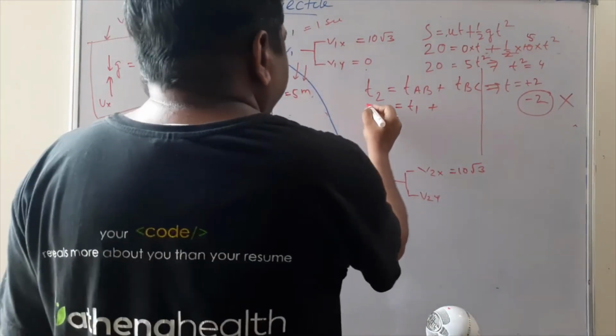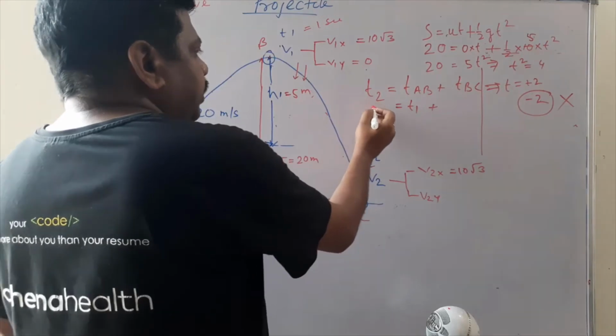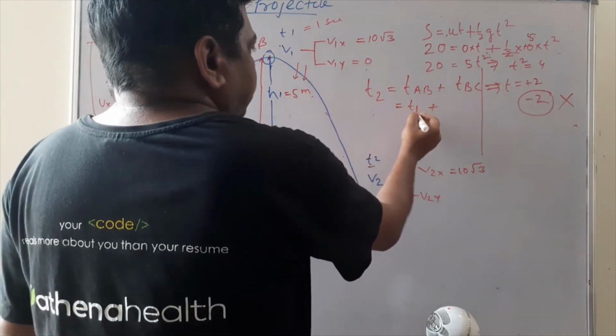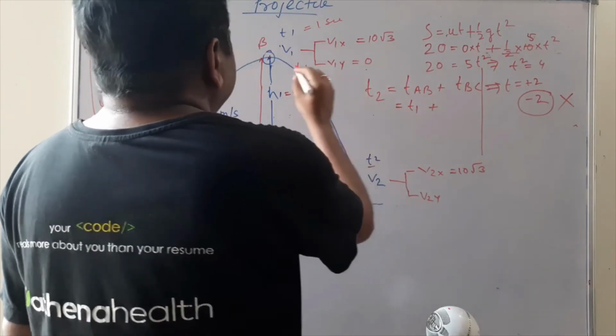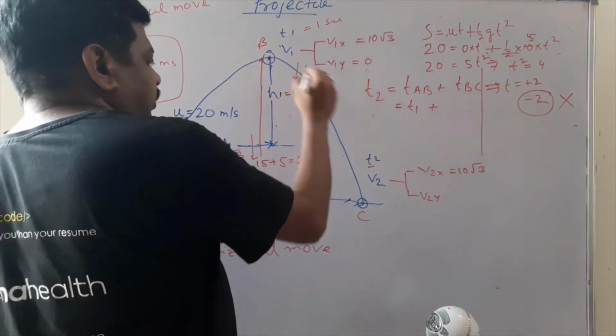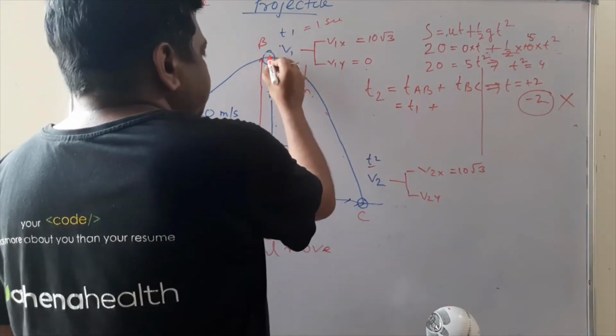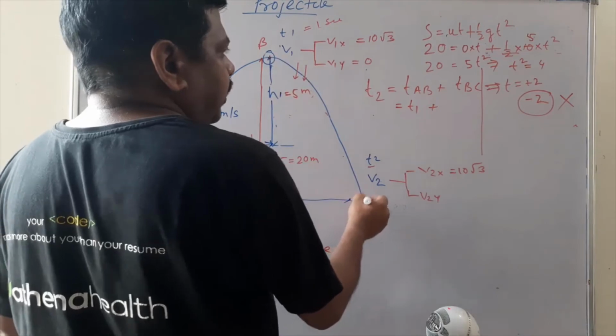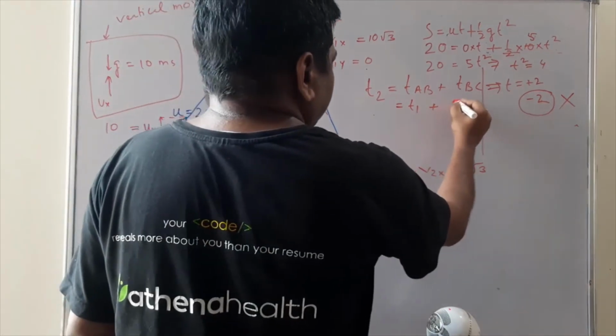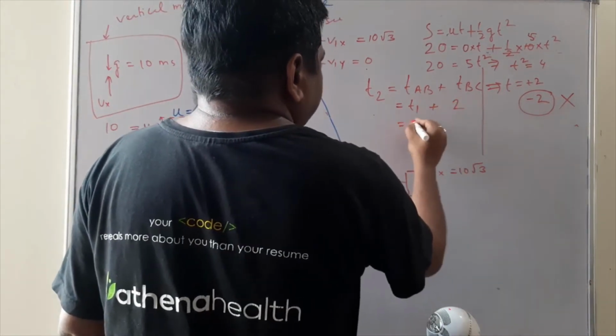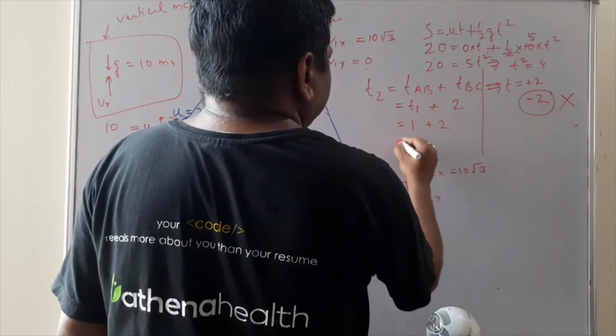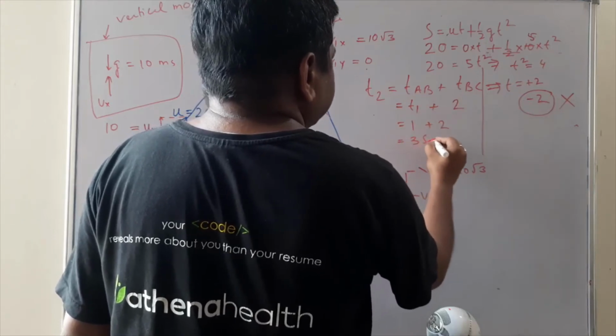So you have calculated that t2 is equal to t1 plus the time required from this point to this point, which is 2. So this is 1 plus 2 equal to 3 seconds.